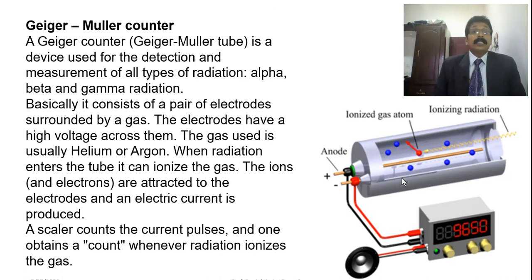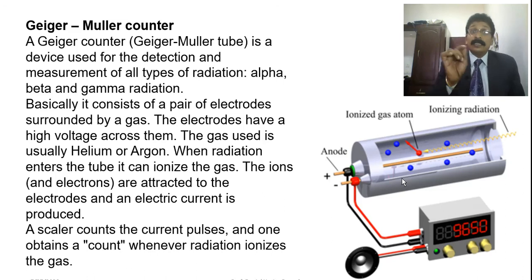The electrodes have a high voltage across them. The gas used is usually helium or argon. When radiation enters the tube, it can ionize the gas. You might have studied this principle.